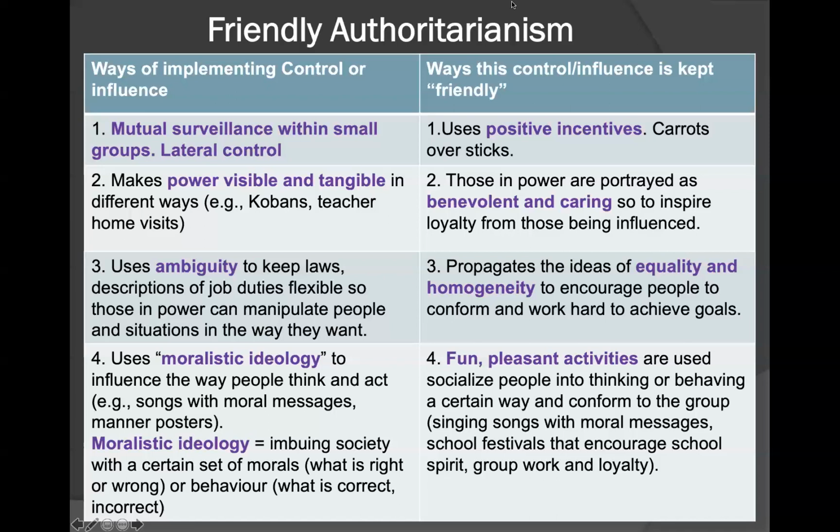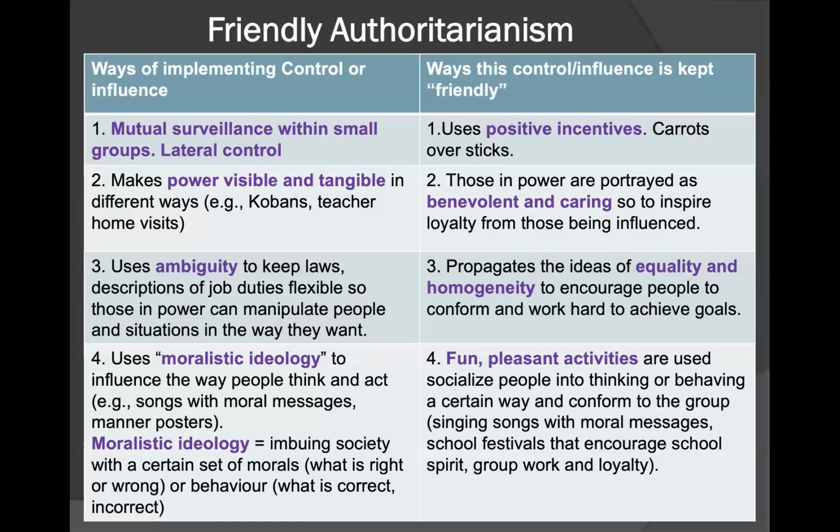He also outlines 4 ways that these methods of control or influence are kept friendly. For example, those in power use positive incentives, like carrots over sticks, and those in power are portrayed as benevolent and caring so as to inspire loyalty from people.